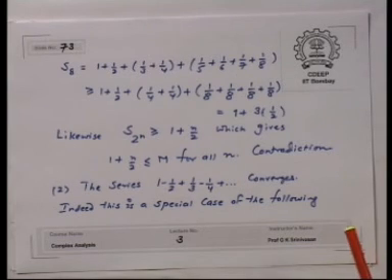You can take f of n, where f is a monotone decreasing function. So, now you take a function f of n, which is monotone decreasing, and I can repeat the same argument, and one can actually come up with a test for convergence, which is called the Cauchy's condensation test.